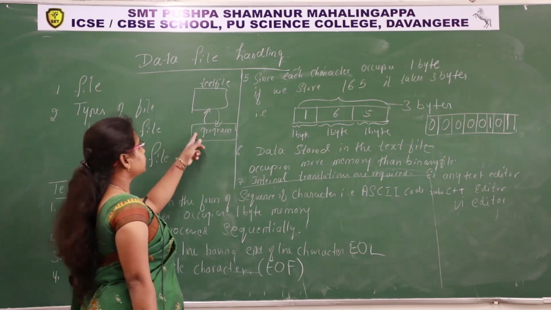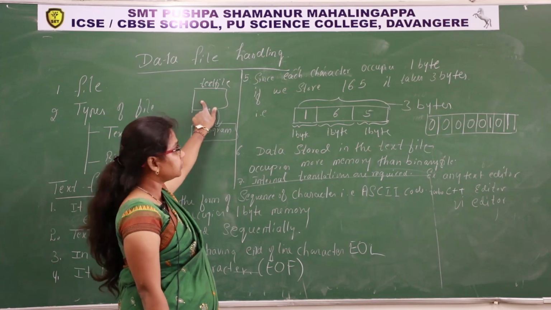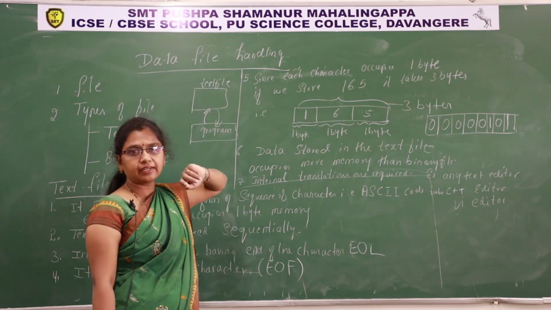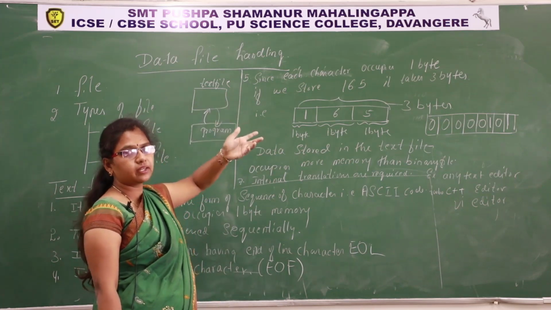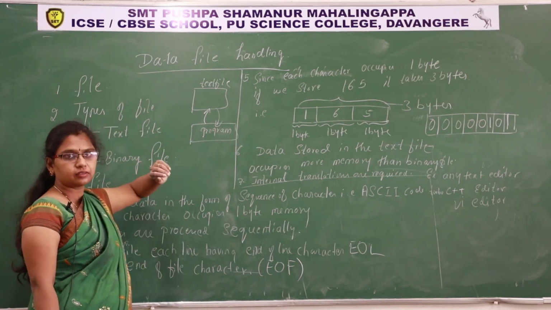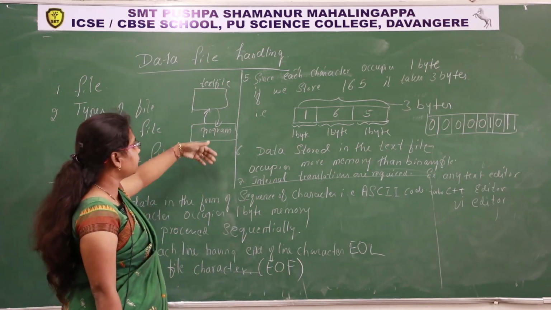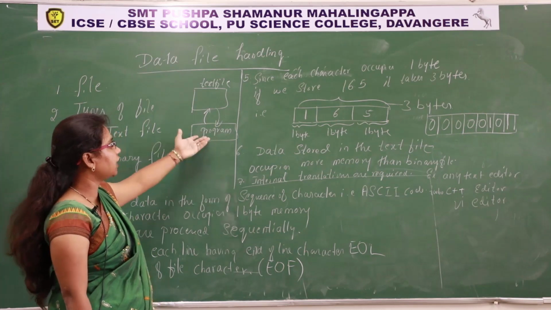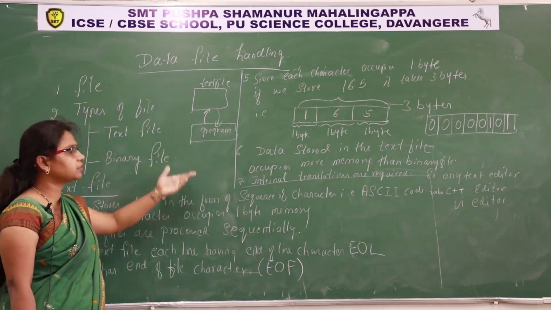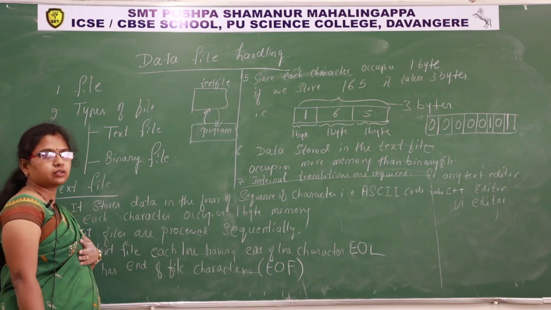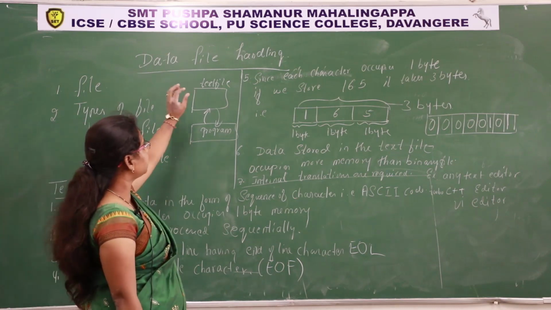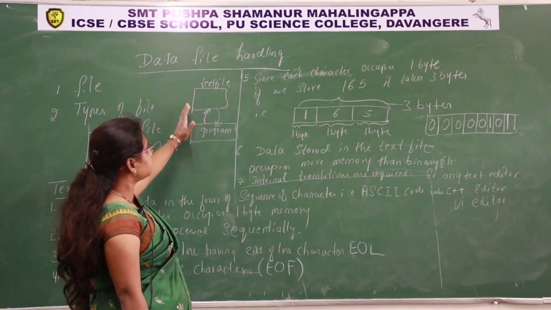If any data is moving from the program to the text file, it is stored in the form of ASCII characters. So one can easily read the characters, isn't it? If I store a name, or if I want to write a statement into the file, it will be stored as it is.